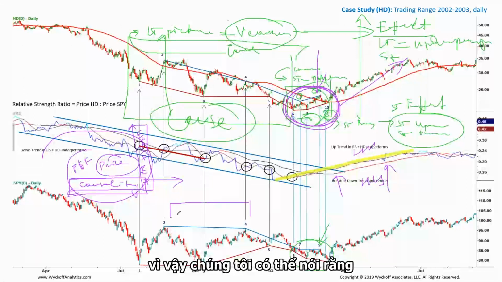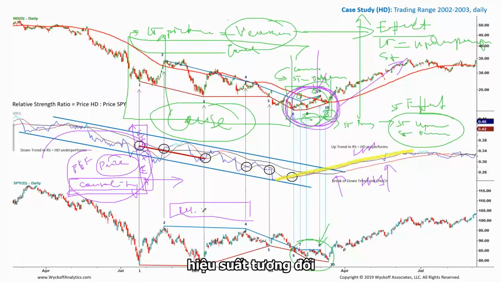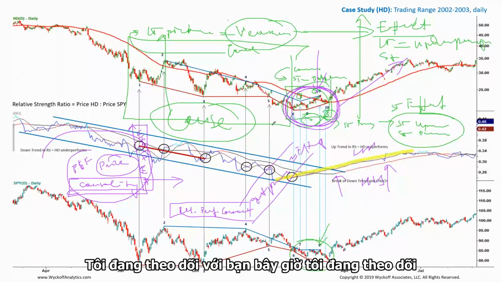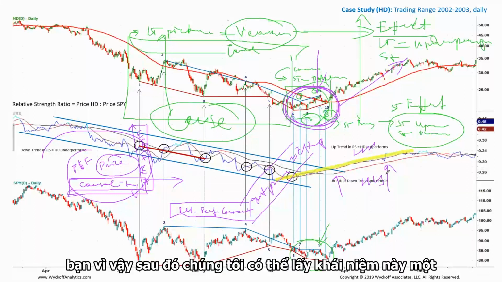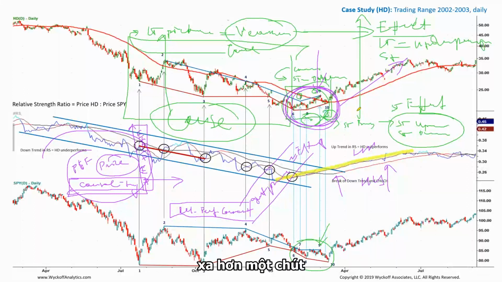So we could say that in the trading range, the relative performance causality is going to create some kind of outperformance as an effect. Okay, I'm tracking with you now. So then we could take this concept a little bit further.